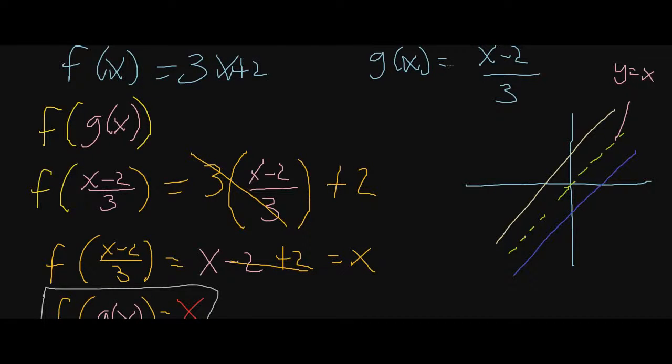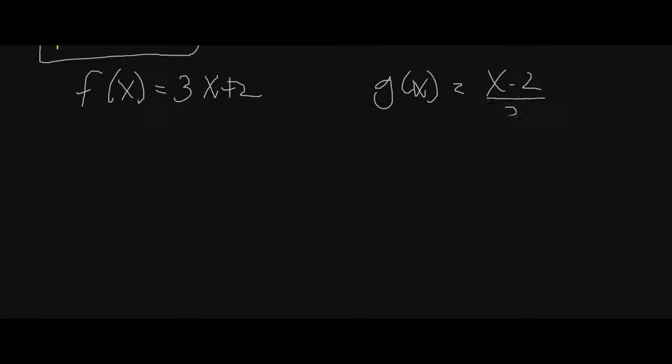Down below, I'll rewrite this: f of x is equal to 3x plus 2, and g of x is equal to x minus 2 divided by 3. Let's plug the entire f of x into our function g, like before. So we're going to get g of 3x plus 2.